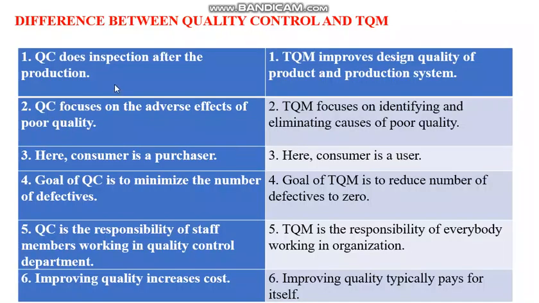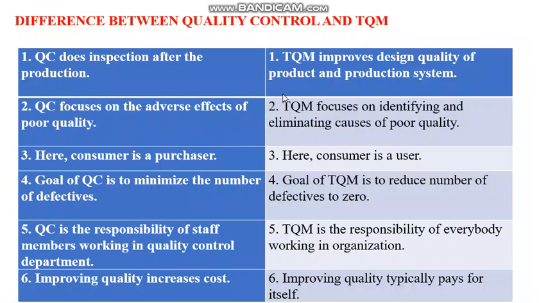Okay, so now the quality control. Quality control does inspection after the production. Once the production is completed, then only we do inspection. Whereas in total quality management, it is more than just after the product is made. Even before that, from the design of quality, the design of the product itself, and the design of the production system, everything is involved here.